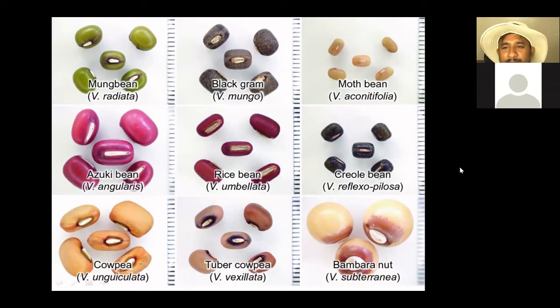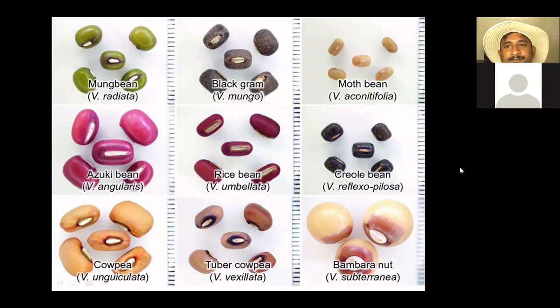This is called moth bean. In most parts of Rajasthan and arid regions, moth bean is cultivated, very nutritionally rich. The grain size of Vigna aconitifolia is a little bit smaller compared to mung bean and black gram.